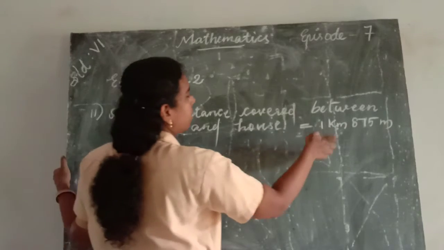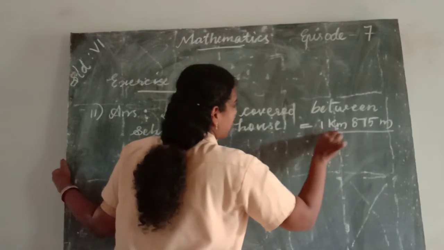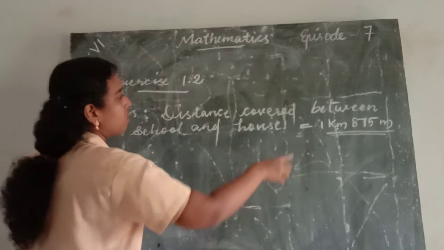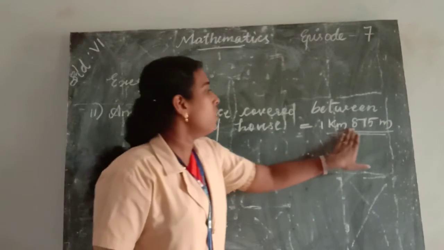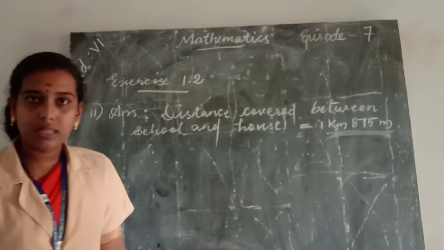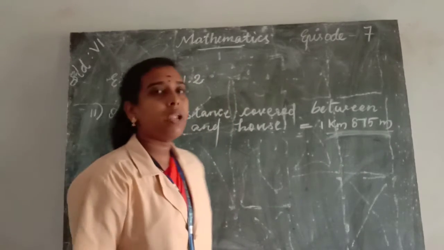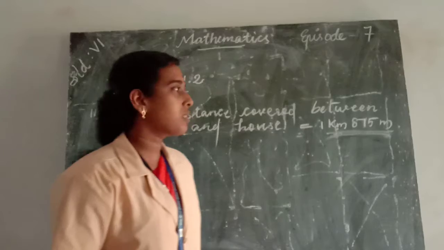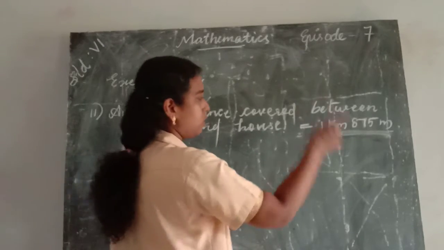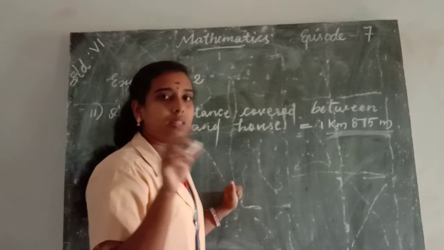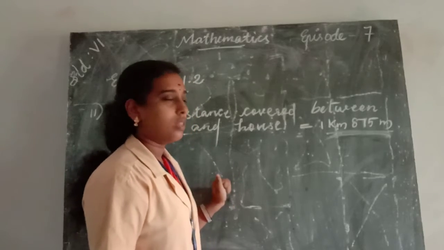Here the distance covered is given as kilometer and meter. So we want to convert kilometers into meter. For converting kilometers into meter, we multiply the number of kilometers by 1000.